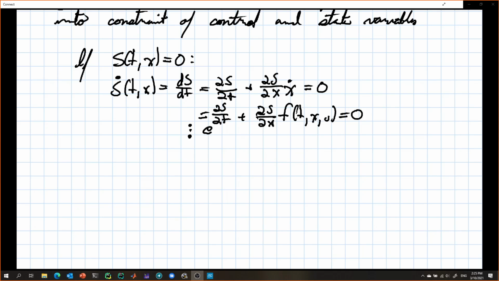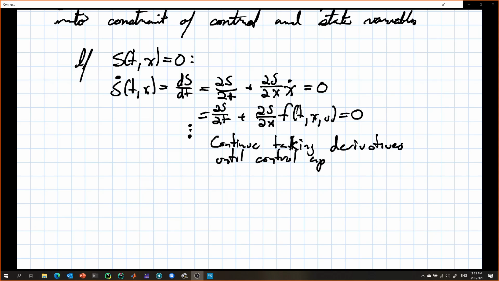So let me write this note here, bigger: continue taking derivatives until control appears explicitly. And then we're going to assume that's q times.